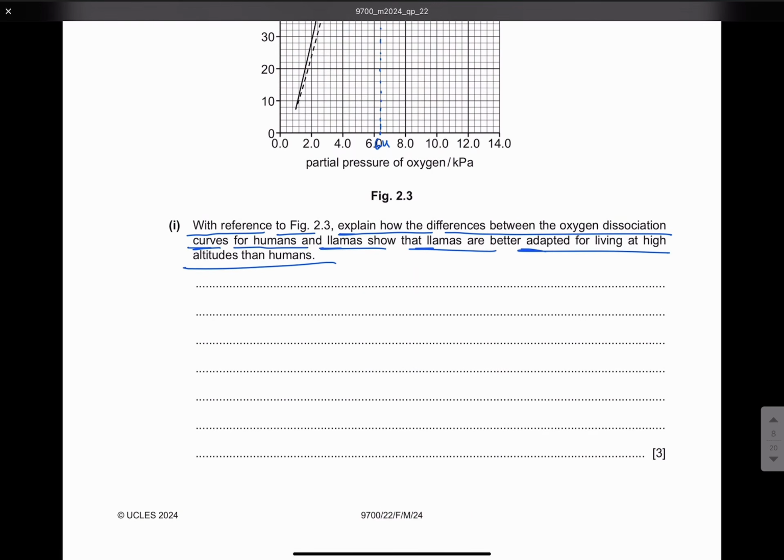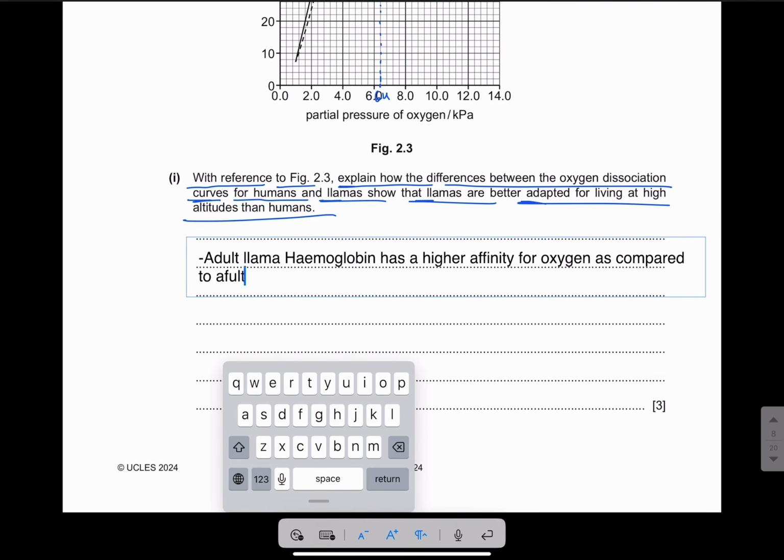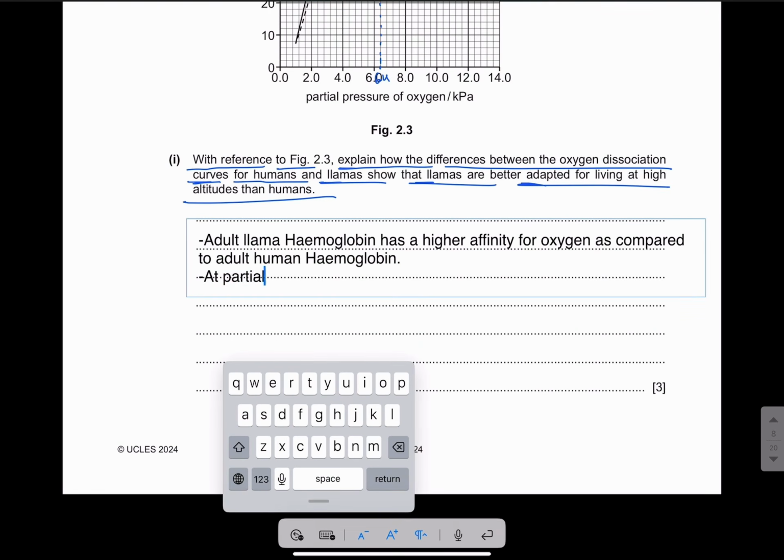So we can simply say that adult llama hemoglobin has a higher affinity for oxygen as compared to adult human hemoglobin at partial pressure of oxygen of 6.4 kilopascals.